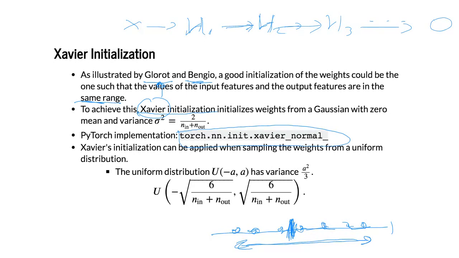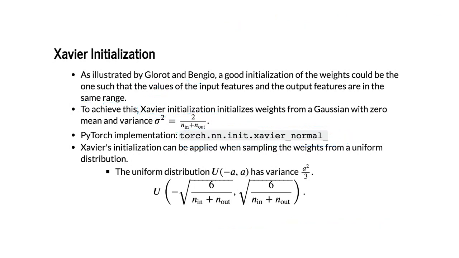Okay. So how does this work in practice? Let me clear this. It's very simple. Previously we used mean equals 0, std equals 0.01.